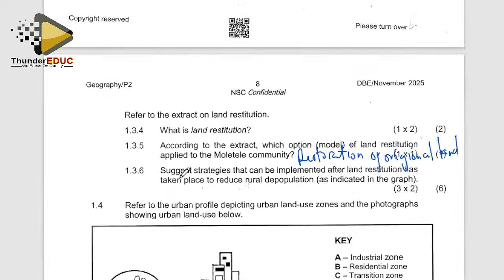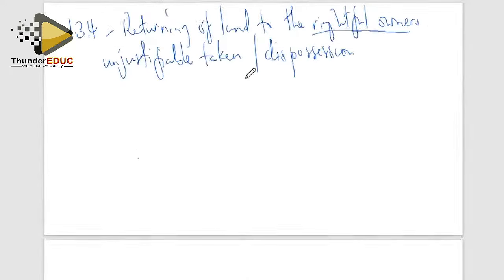There has been land restitution, but there is something that must be done to reduce rural depopulation after the process of land restitution, which means that land restitution must come with a full package to support its success so that we solve the geographical problem of rural depopulation. So what must we do?